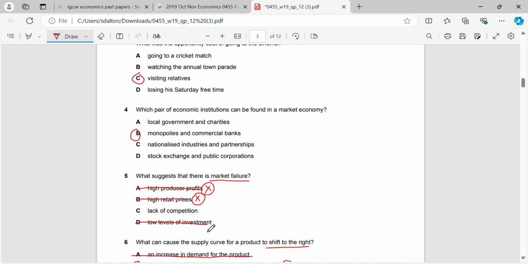Low levels of investment similarly also doesn't. It's possible to have low levels of investment, high producer profits and high retail prices without the market failing. But if we have a lack of competition, that tells us that there is the existence of a monopoly, and that would be a form of market failure. Because what we know about the free market is that it should generate more competition.